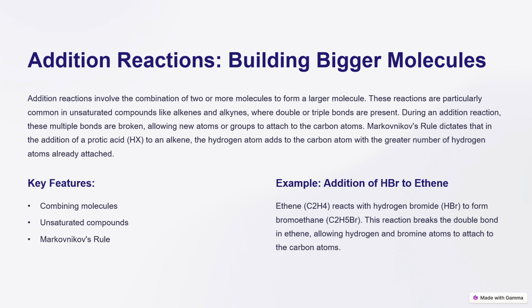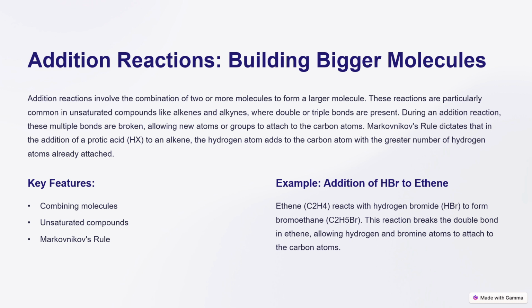Markovnikov's rule dictates that in addition of a protic acid to an alkene, the hydrogen atom adds to the carbon atom with a greater number of hydrogen atoms already attached. So let's remember the key features: combining molecules, unsaturated compounds, and using Markovnikov's rule.